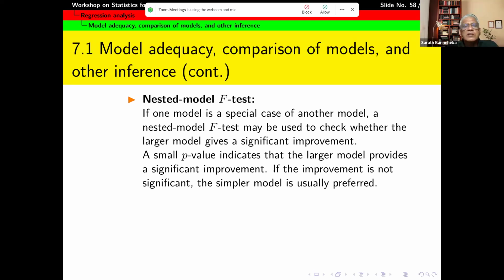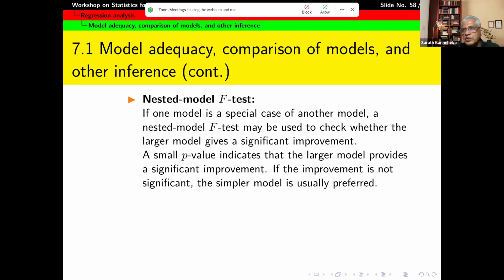And there are some other tests called nested F tests, to compare several models, right? Suppose you have a model with 5 variables, and you want to see whether one of these variables can be dropped, because you would like the model to have a smaller number of variables always and have good predictive power, right?